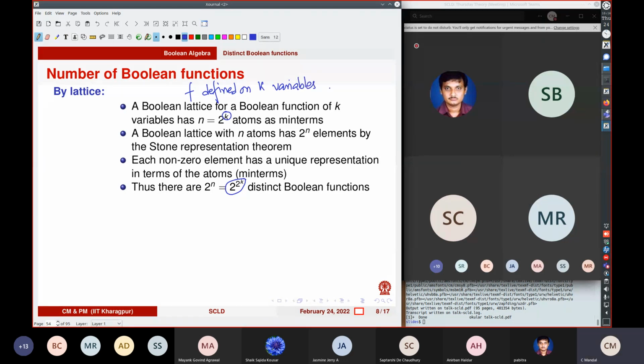So you have so many distinct Boolean functions. We have seen this before, so we'll not dwell on this more.